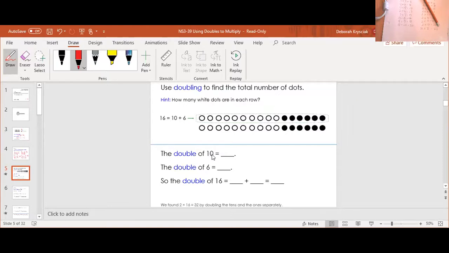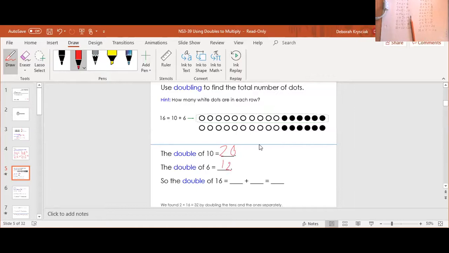So the double of 10 is 10 and 10. Do I hear you saying the answers out there? I hope so. Would be 20. And the double of 6, you guys know, 6 and 6 is 12.